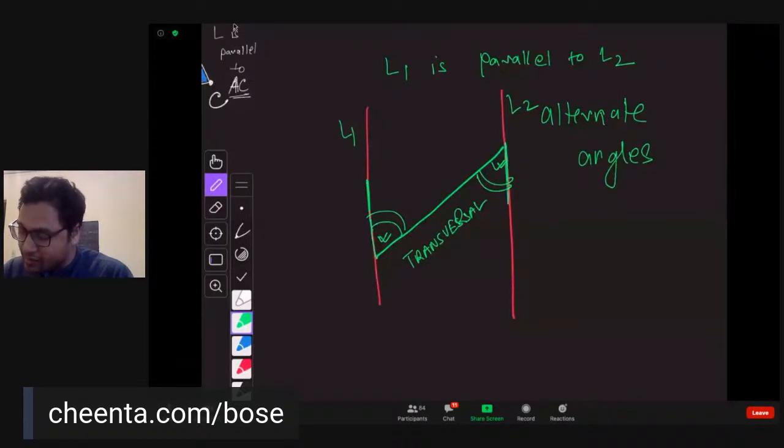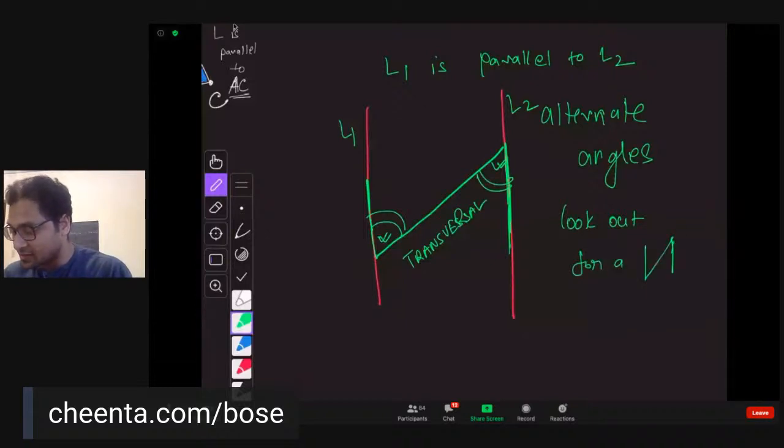That's how I remember it. You look out for a Z, or I should say an inverse Z in some sense. Then these two angles will be equal.